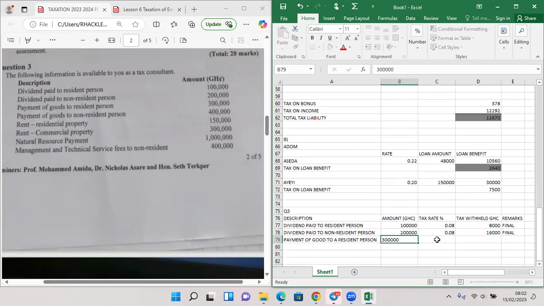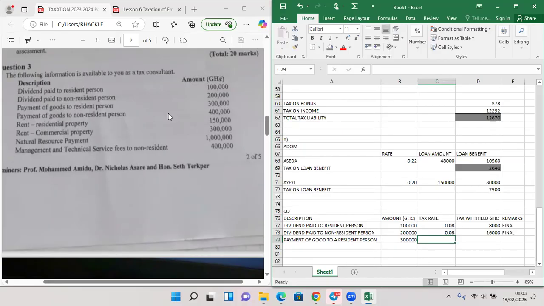And for this one, the law states that if the good is above 2,000, then it attracts a tax rate of 3%. Let me just put it. It attracts a tax rate of 3%.